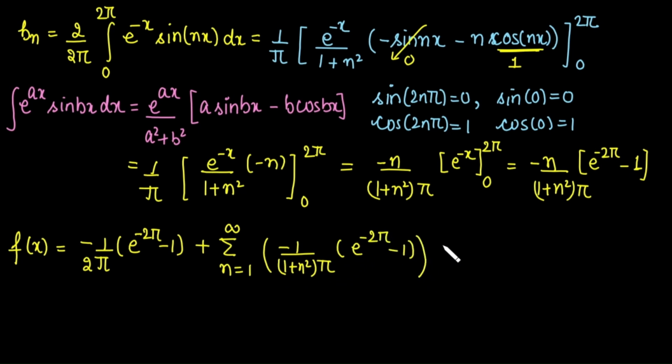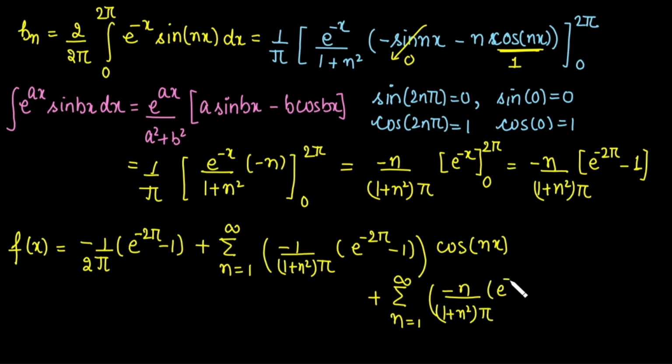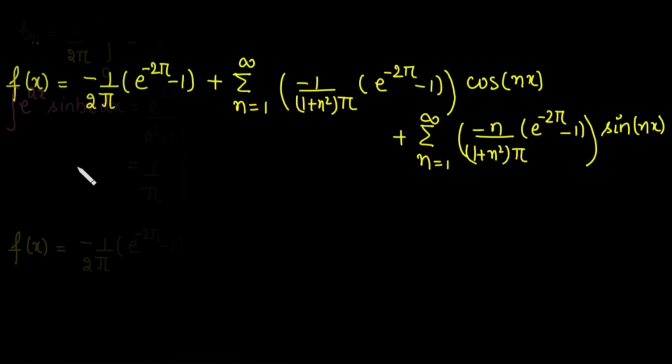It is also further multiplied by cos of nx, plus summation n from 1 to infinity bn, that is minus n upon 1 plus n square into pi, e raised to power minus 2 pi minus 1, into sine of nx.